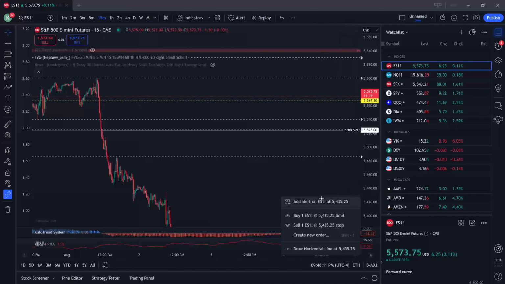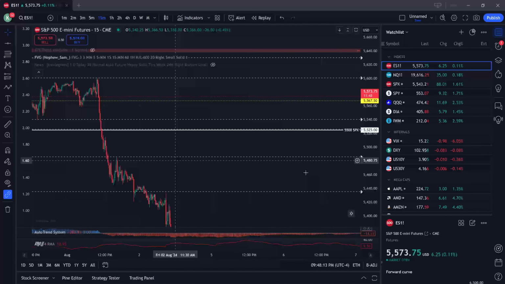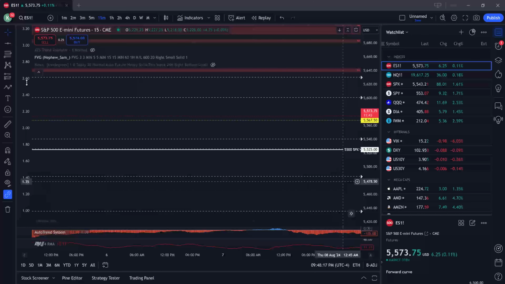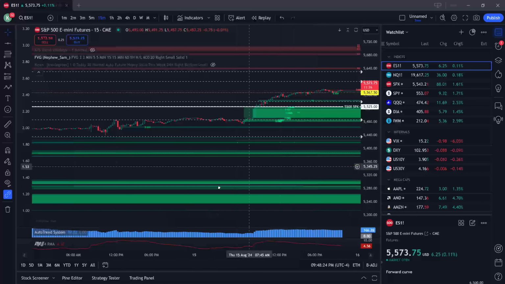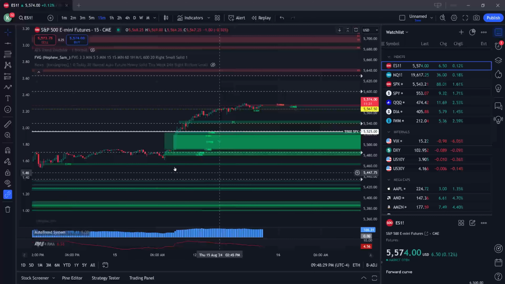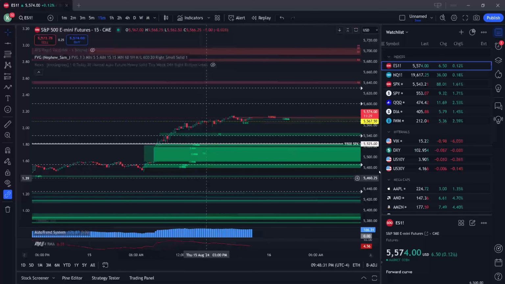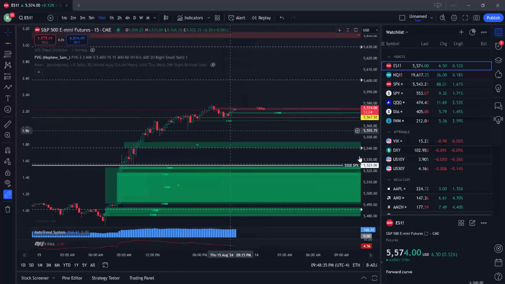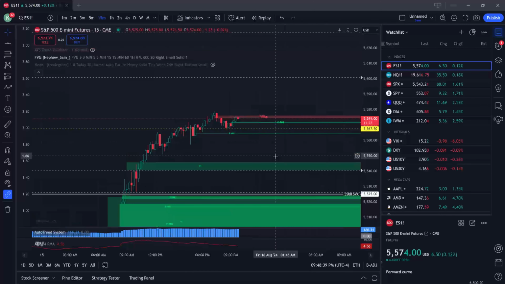The reason these levels are important is that when you deal with liquidity, you're talking about market makers, dealers, people with multiple billions of dollars at risk every single day that has to be managed, primarily with algos. So they will typically go to these swing highs and swing lows before they reverse.